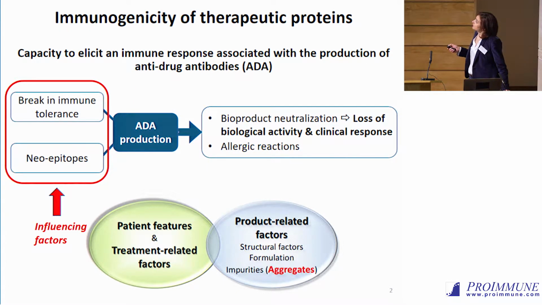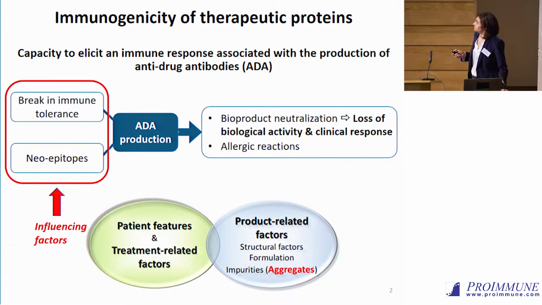First, they can get immunized following a break in immune tolerance, which is the case when they are administered the recombinant form of endogenous proteins, such as factor VIII coagulation, or for example, erythropoietin.